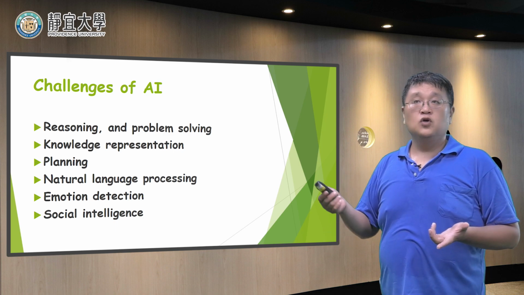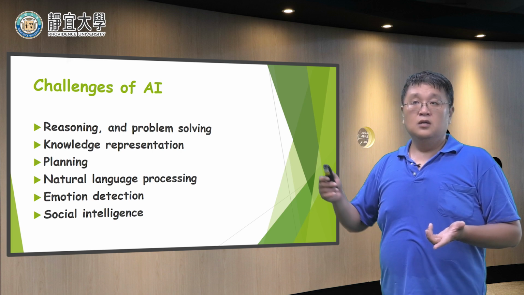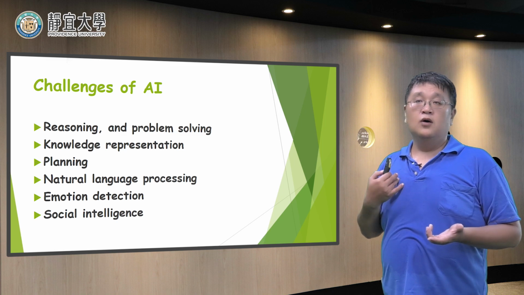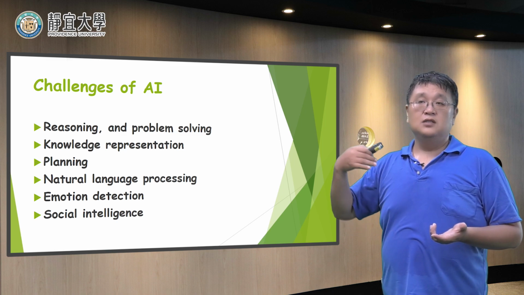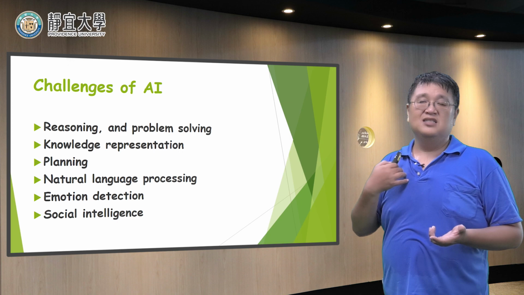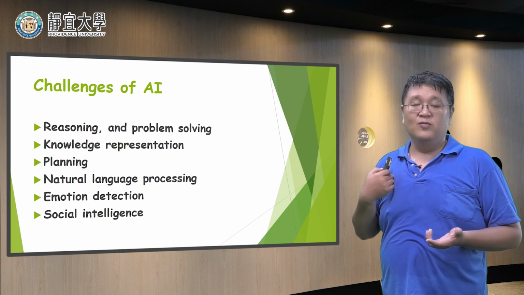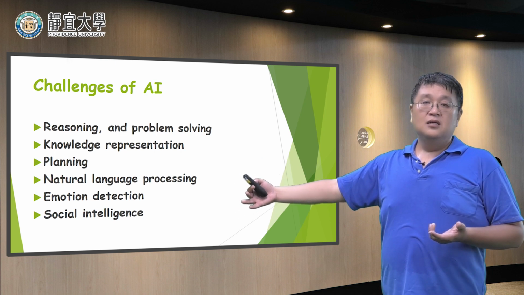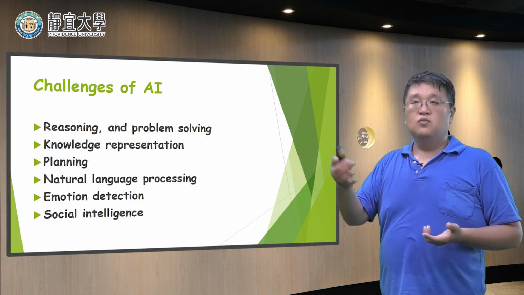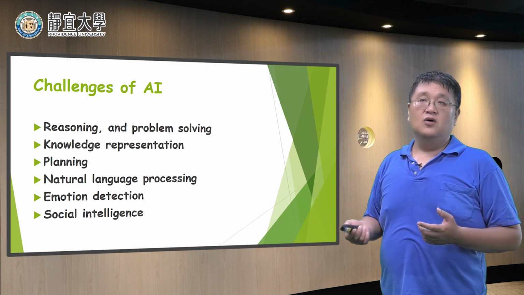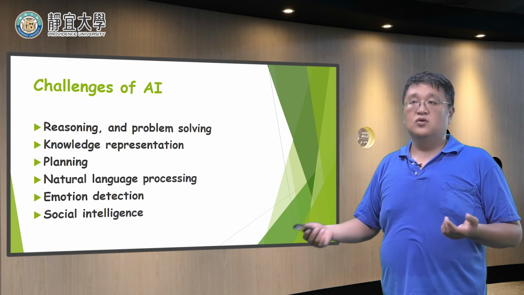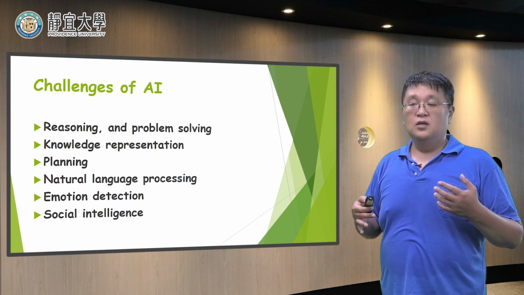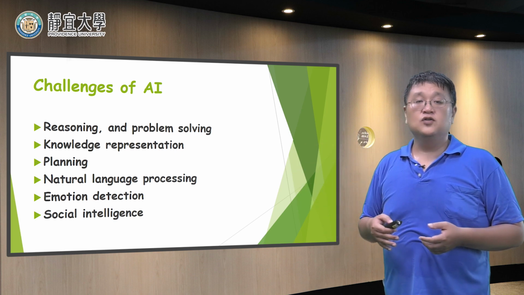Also, in the future, the robot will help us with our emotions, something in our mind. So when we feel sad, the robot knows we are sad. It will get close, sit beside us, and give some words to help us overcome that situation.